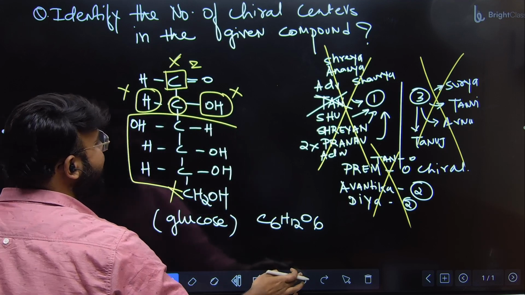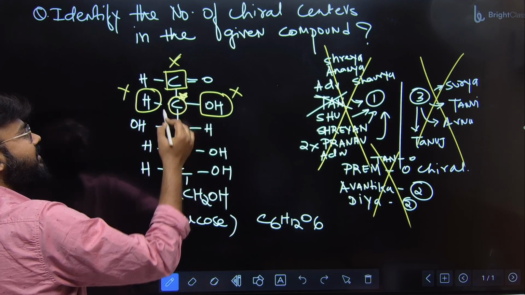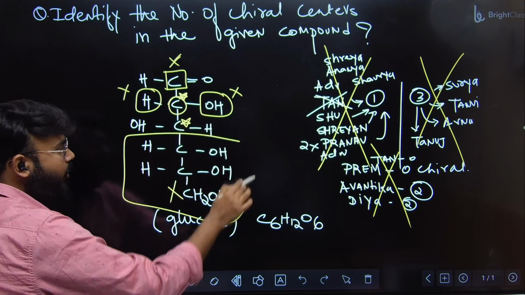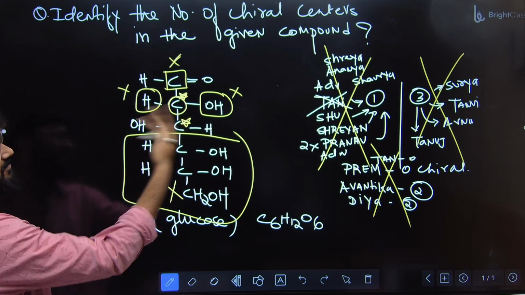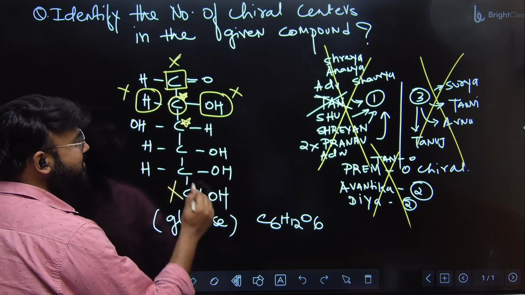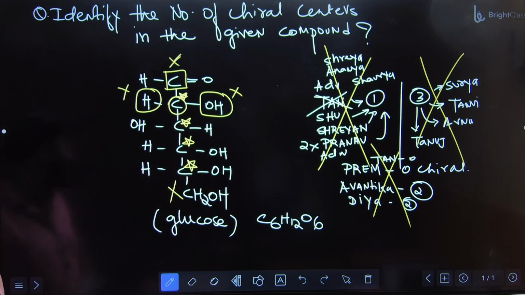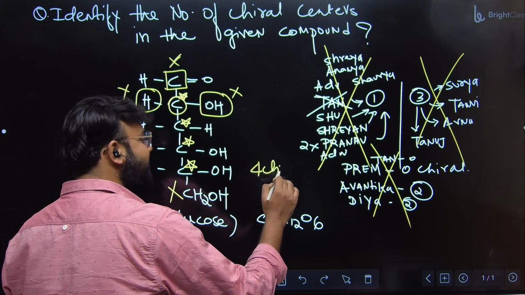Guys, getting it what I said? So that means the second carbon is chiral. Similarly, the third also is chiral because it has all of these and all of that. And this is different, that is different, right? So similarly, this also is chiral. Understood now? So the answer is four chiral centers.